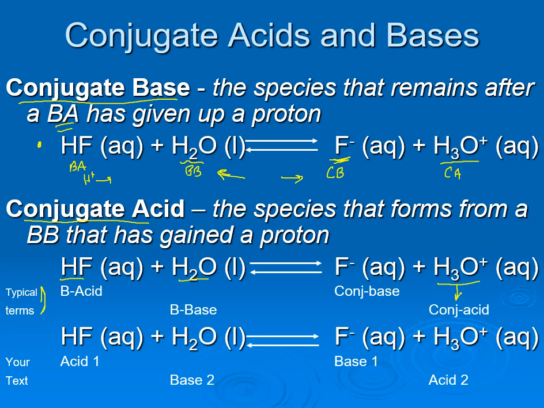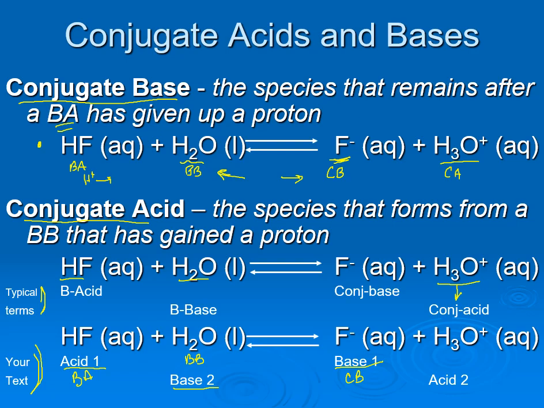Let me get the pen going again. So here in our text, what they're going to say is that the Bronsted acid, they're going to call acid 1. The Bronsted acid always then creates the conjugate base they call base 1. So acid 1, base 1 is the pair that goes together. Water functioning as the Bronsted base, they call base 2 in this circumstance.